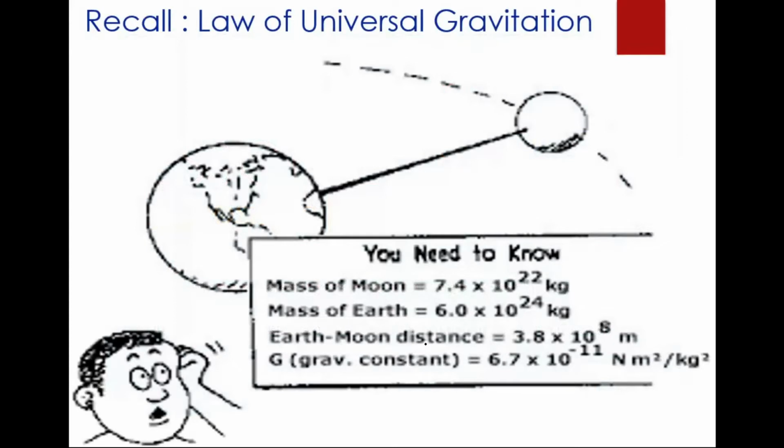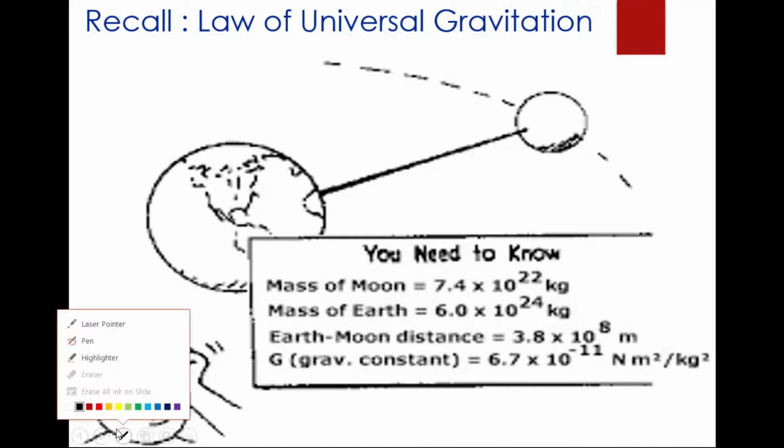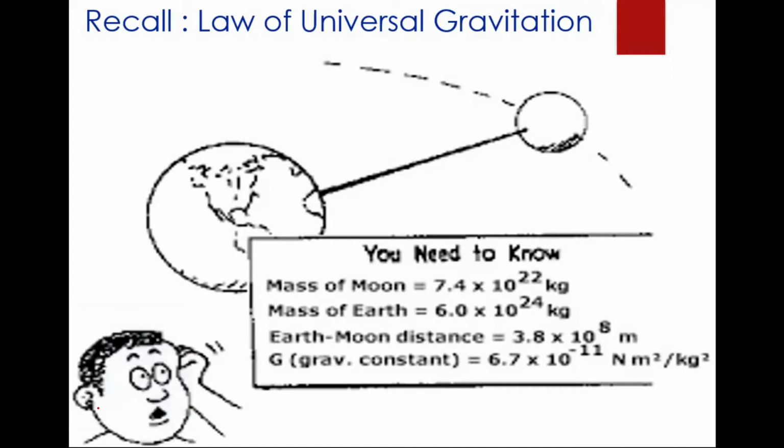Before we proceed, let's recall the law of universal gravitation. I know that most of you are familiar with this topic because you have encountered this in your physics class. So the law of universal gravitation refers to the force of attraction between two heavenly bodies.